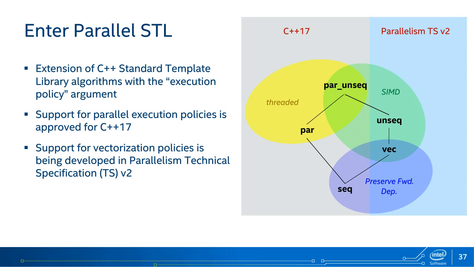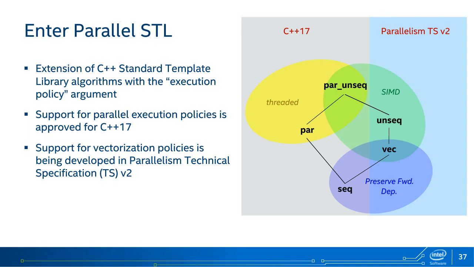These arguments allow us to express how we want the algorithm to be executed, whether we want a sequential execution, a parallel threaded execution, or a parallel and vectorized execution. There are different execution policies.